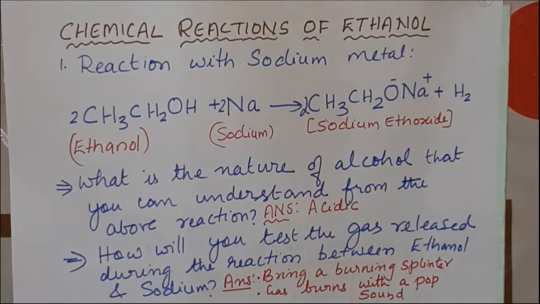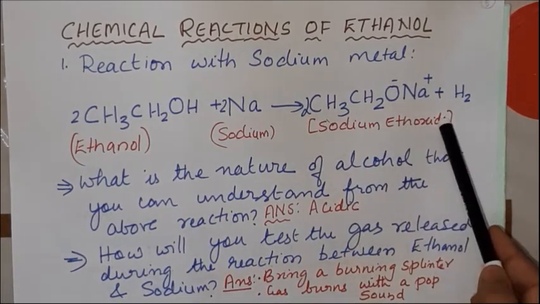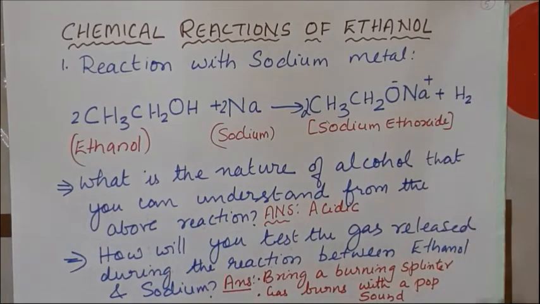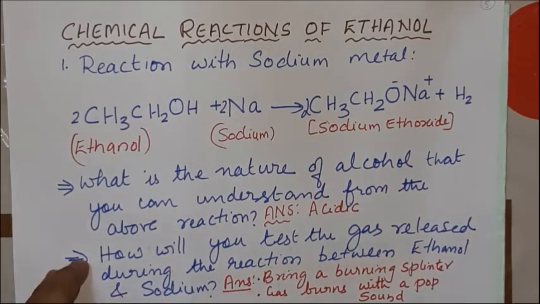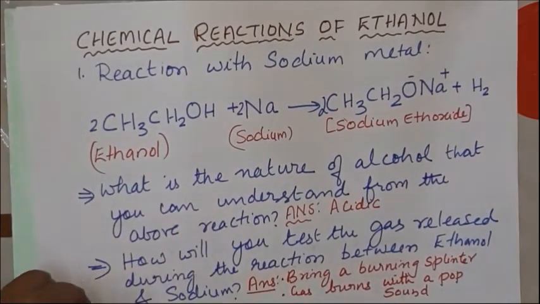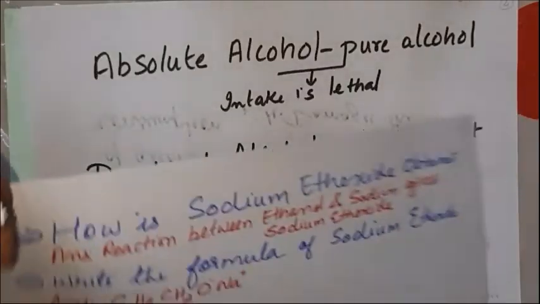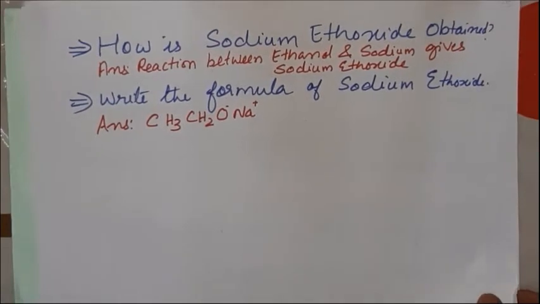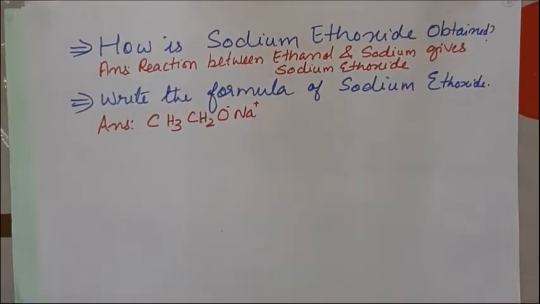Another question that can come from this part is, what is the formula of sodium ethoxide? You can see here it is CH3CH2ONa. Now, if a question comes like, how is sodium ethoxide prepared or obtained?